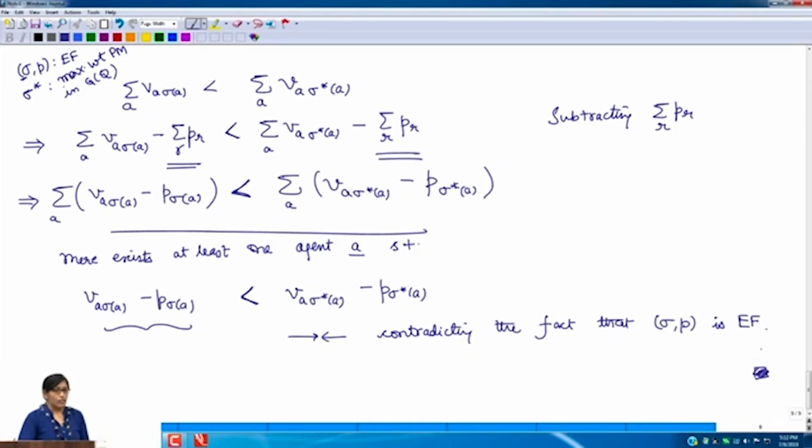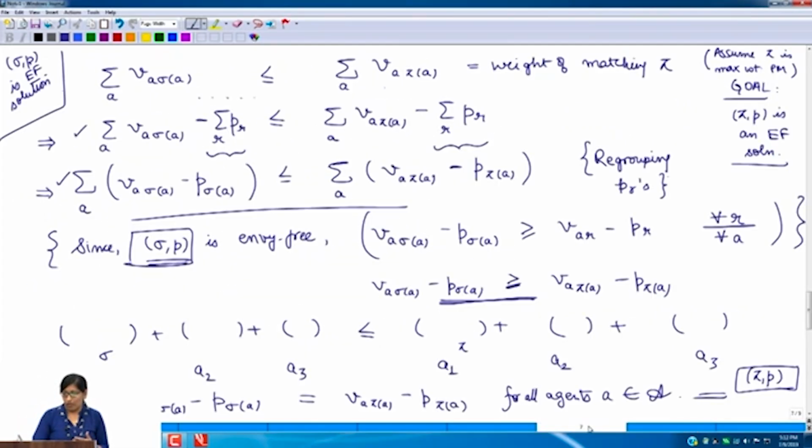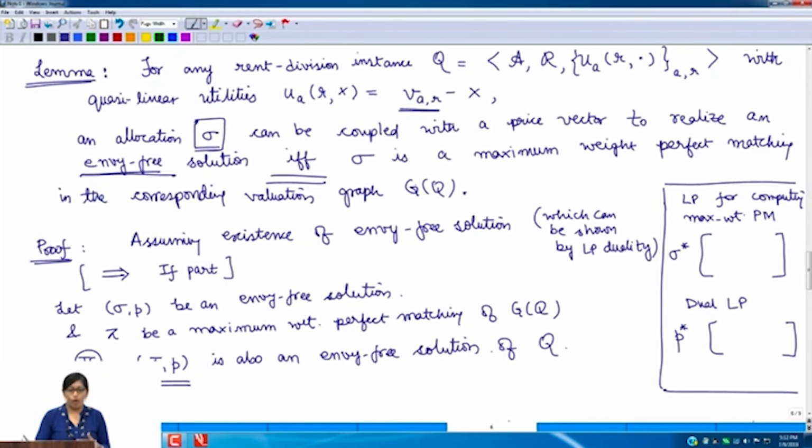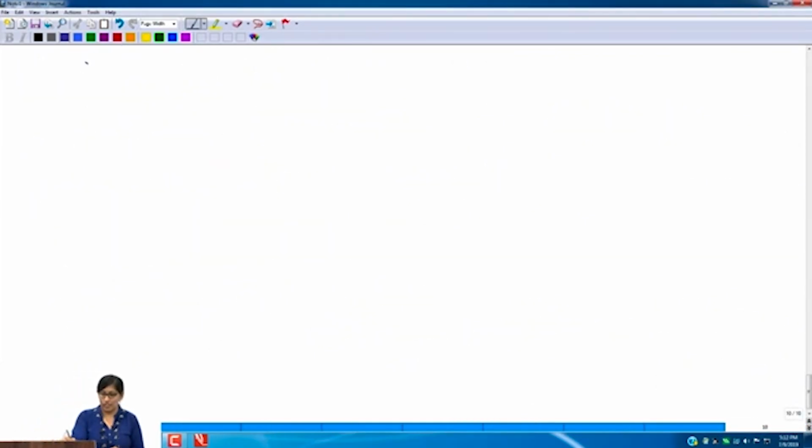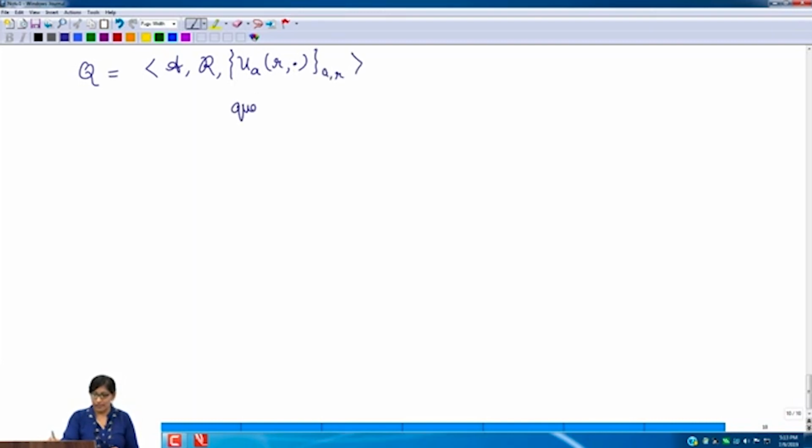So what we've seen is a characterization of these matchings which can be coupled with a price vector to form an NV free solution. Give me any Rent division instance with quasi-linear utilities, and I know the characterization for NV free solutions.